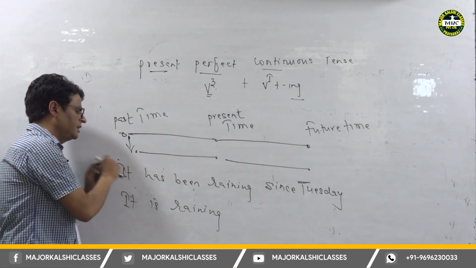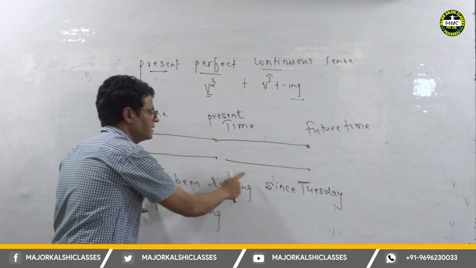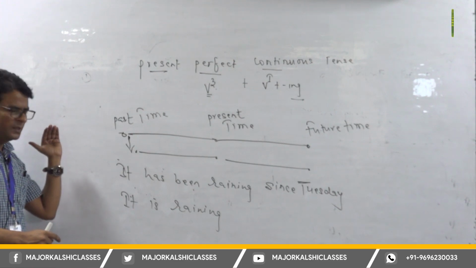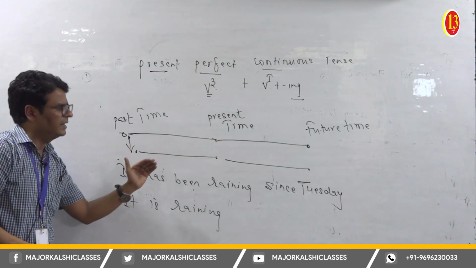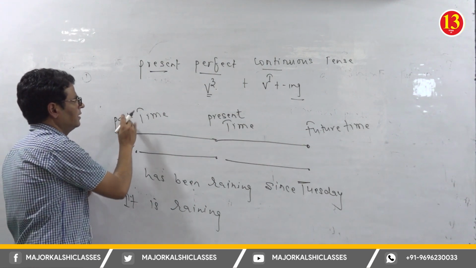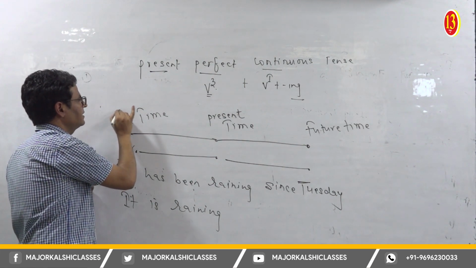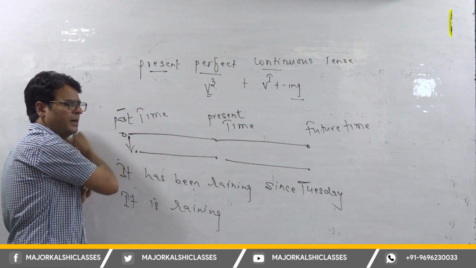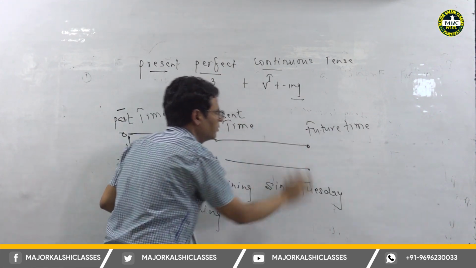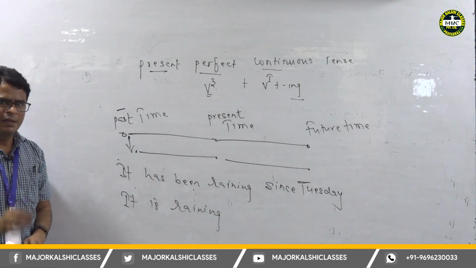On the other hand, this example, it has been raining since Tuesday, is referring to the past and it is still raining and maybe in future. So I was telling you, in present perfect continuous tense, any action will start from past time and it will go into the present. From present it may go into the future.